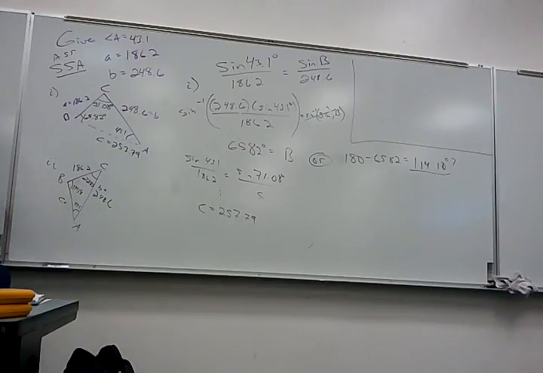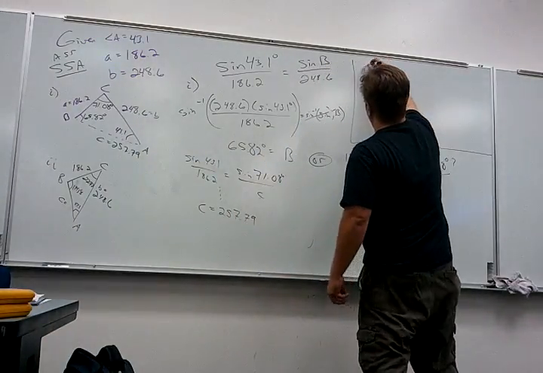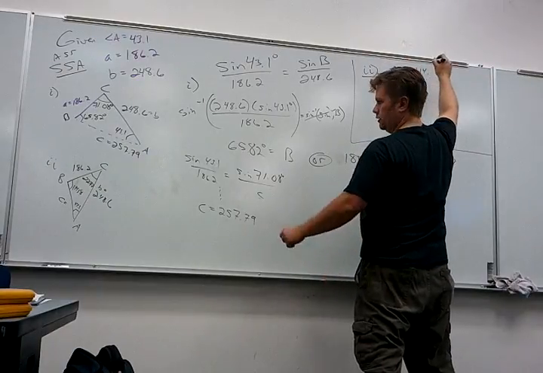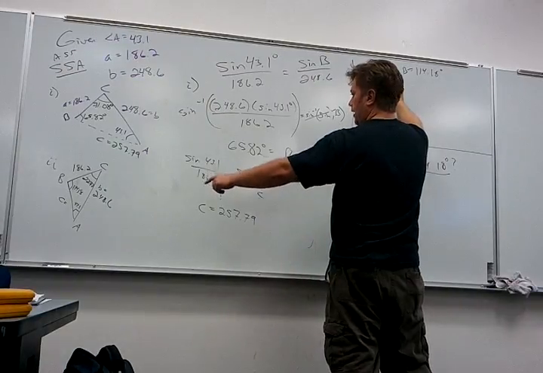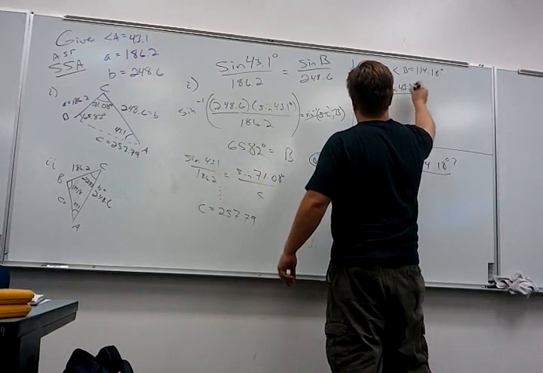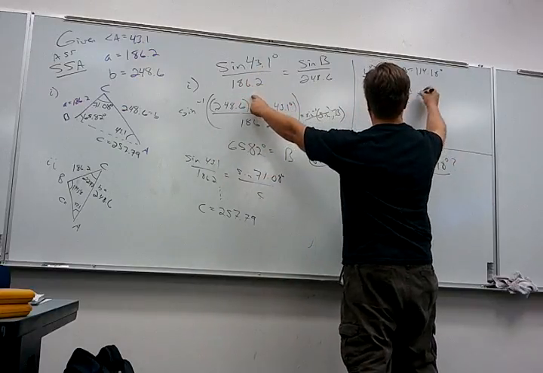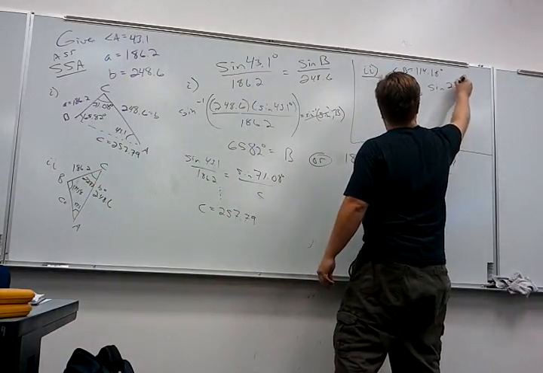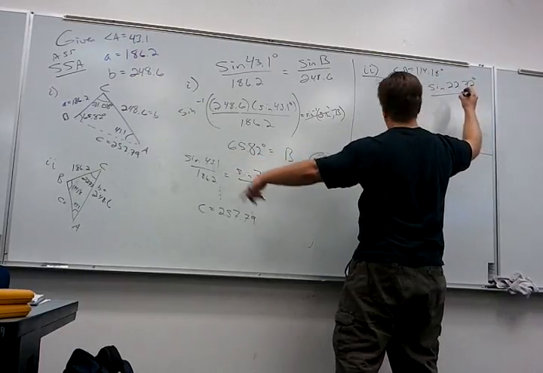So now I can set up the ratio. It's not that much extra work. So the last ratio I have to set up for case 2, where angle B is 114.18, I can start again with this one, the one that I know is definitely good. Sine 43.1 over 186.2 equals sine of the new C here, 22.72, over the unknown c sine.